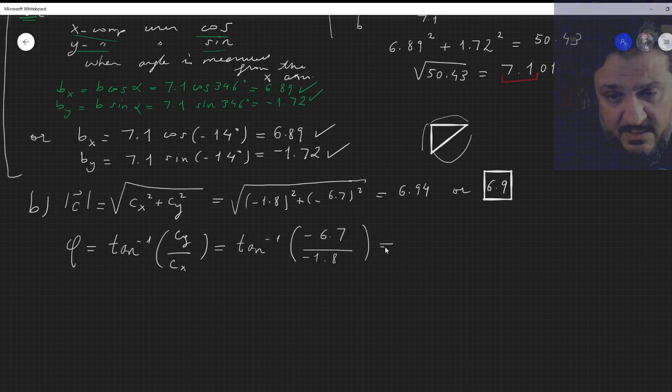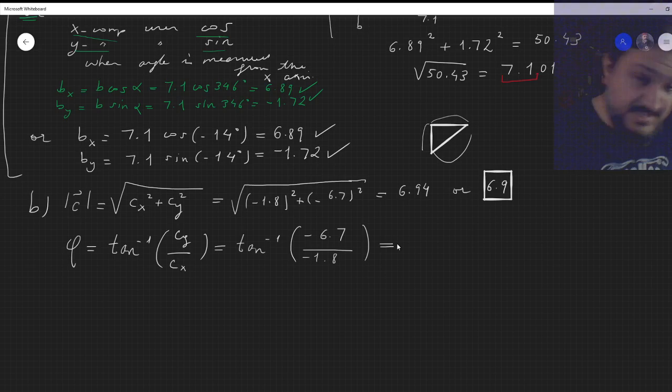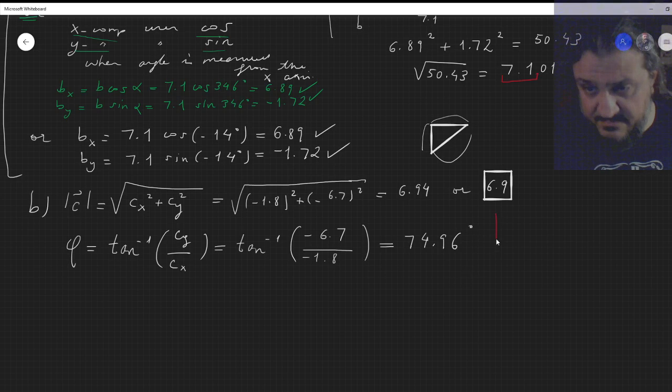Now, there's a very interesting thing going to happen here. You'll see in a minute. But let's find this. So 6.7 divided by 1.8. That is 3.72, and then take the arctangent. Now this is 74.96 degrees, but there's a problem here.